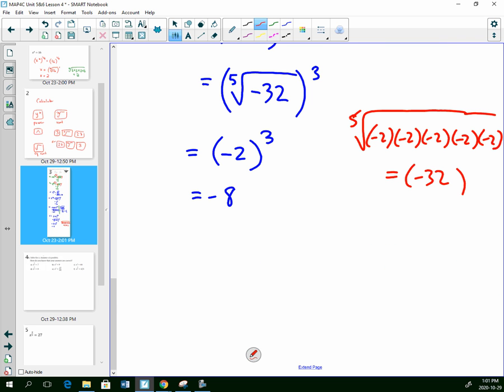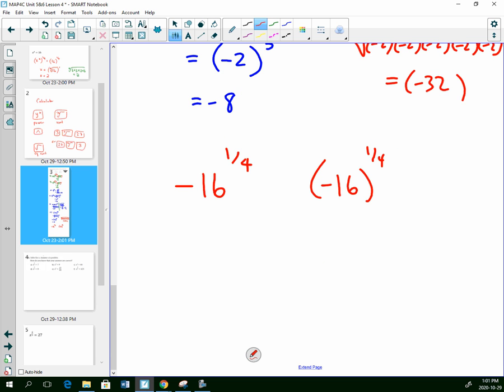So for example, if I had negative, let's say 16 to the 1/4, or if I had brackets around it, they mean different things. So since there's no brackets, it would be negative outside, 16 on the inside. Well, I can do that because I can do the fourth root of 16 and get negative 2.